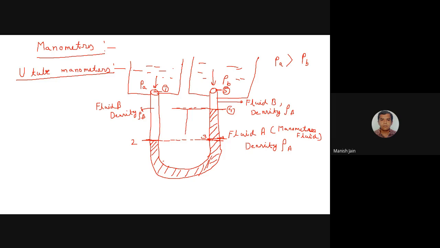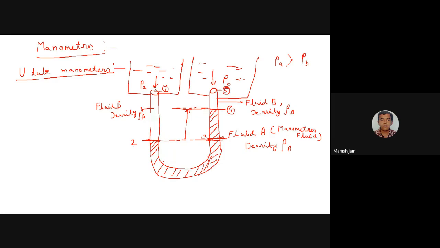Suppose this is the difference between point 3 and point 4, and point 3 has the same elevation as point 2, where you have the fluid A, fluid B interface on this side.